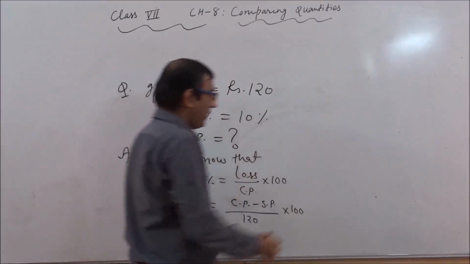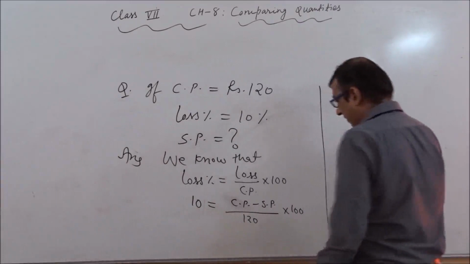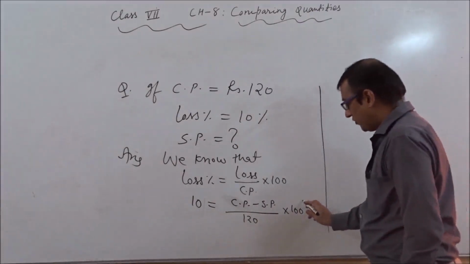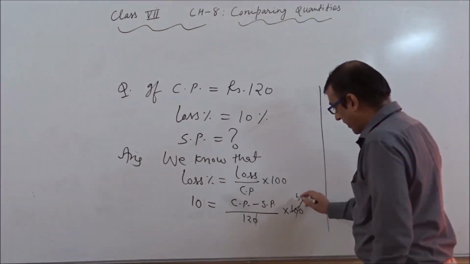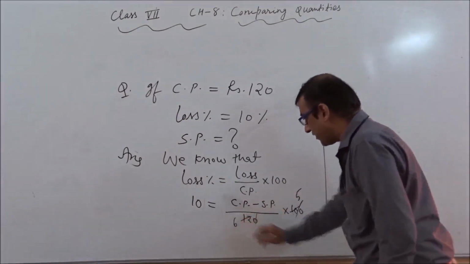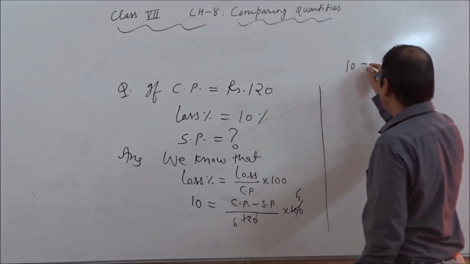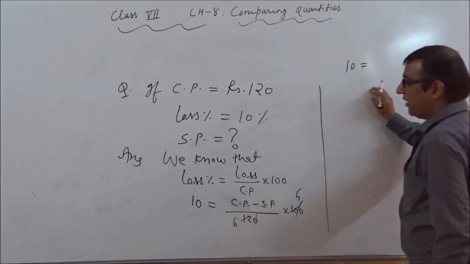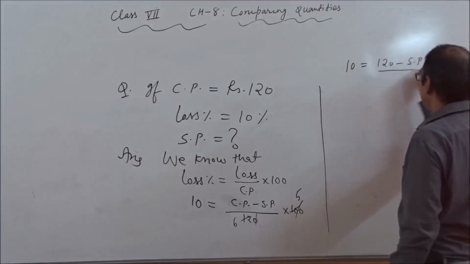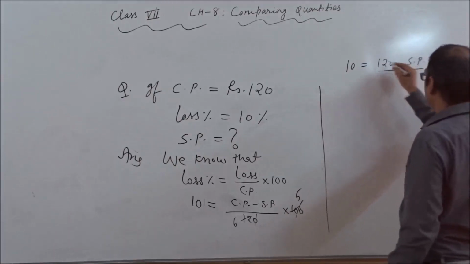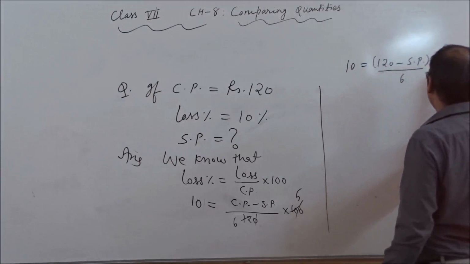So in the next step, how can we solve it? 0 cancels with 0, and 10 cancels with 12: 5 times and this is 6 times. What we will get is 10 equals 120 minus SP upon 6 into 5.